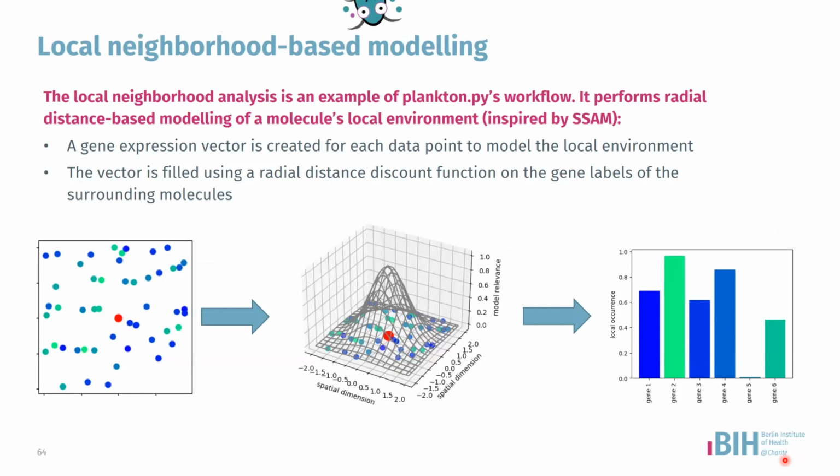All right, so moving on from the features to actually describe what Plankton.py is doing in terms of its modeling approach. The local neighborhood modeling approach is very similar to what's adopted in SAM, and it performs a radial distance-based modeling. So for each molecule within our data set, we generate some sort of gene expression vector that is built up of a local neighborhood graph that's weighted by a particular Gaussian.